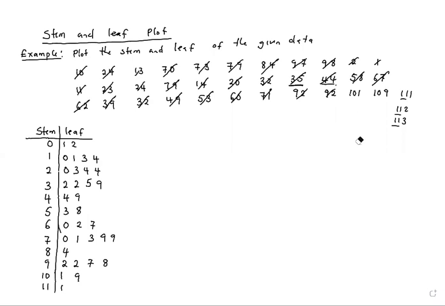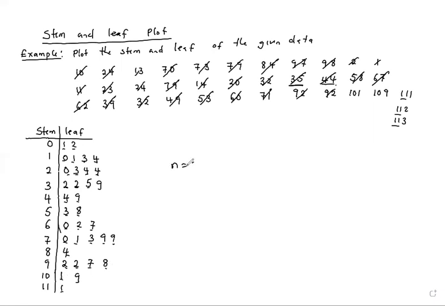Suppose we want to get the median. It's already arranged in ascending order, and so you'd count 1, 2, 3, up to 30, 31, 32, 33, 34.